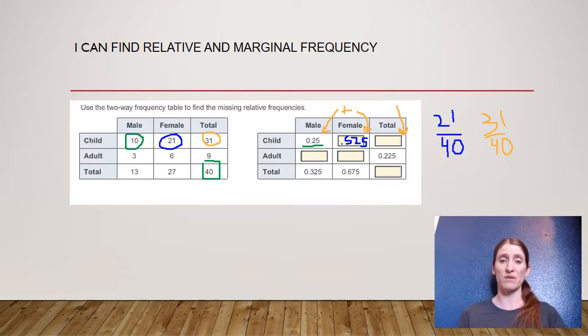So either way, whichever way you want to do it, 0.25 plus 0.525 is 0.775. And if you do 31 divided by 40, you're going to get 0.775 as well. Now you could go ahead and calculate these. Just take 3 and divide it by 40, take 6 and divide it by 40, and so forth.